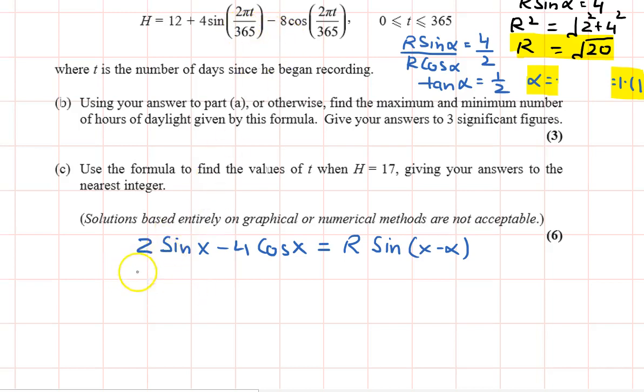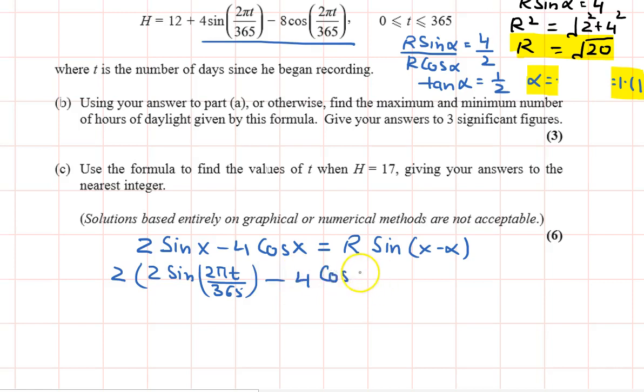So in this question, if we take 2 common, let's take this part only. 2 sine 2 pi t over 365 minus 4 cos 2 pi t over 365.